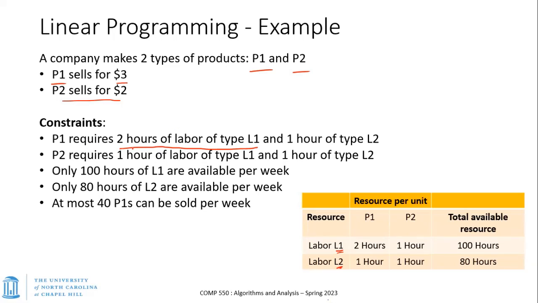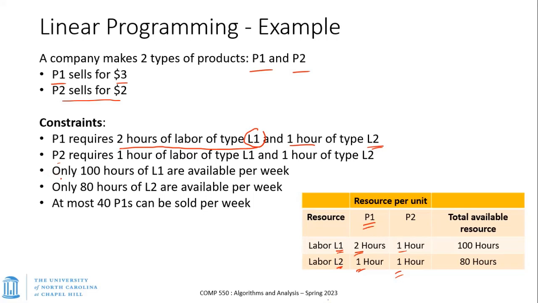So let's say that P1 requires 2 hours of L1 type of labor and 1 hour of type 2. And similarly, P2 requires 1 hour of each. So it takes 1 hour of workmanship and 1 hour of painting, for example. That's not a set of constraints, but that's basically telling you how that particular product is manufactured.